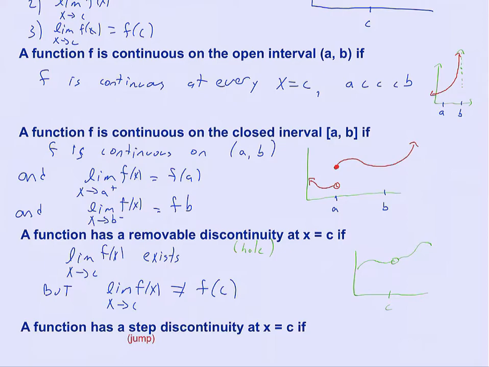Or could be an f of c, but it could be somewhere else, like that. This is an example of a function with a removable discontinuity. This little dot does not need to be there, but it can be there.